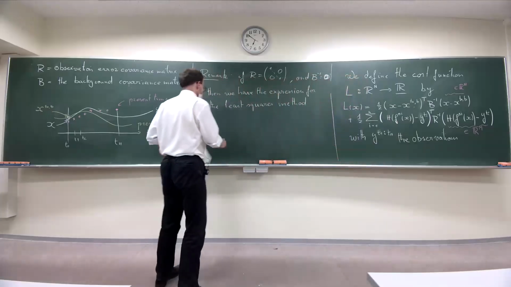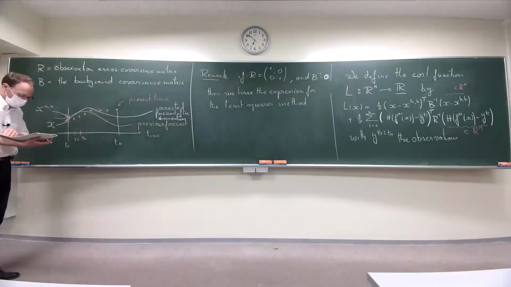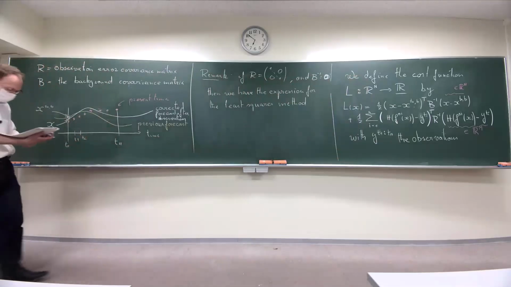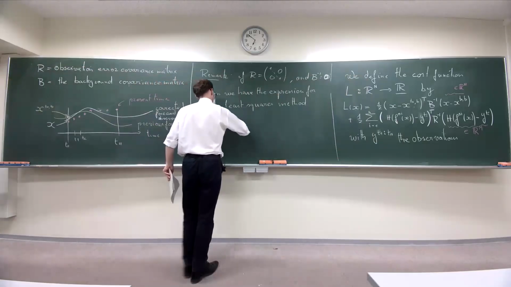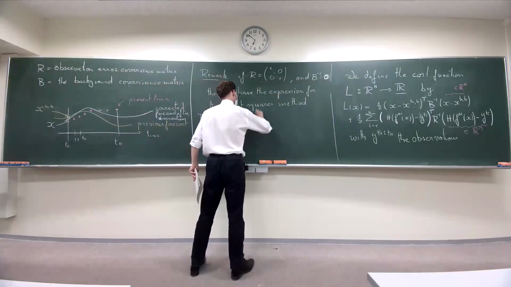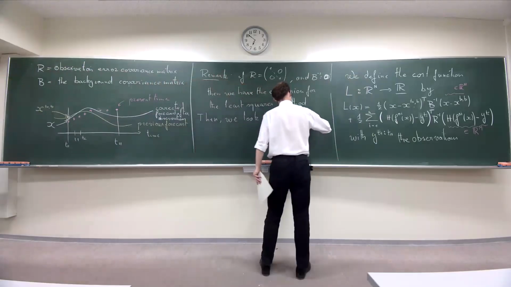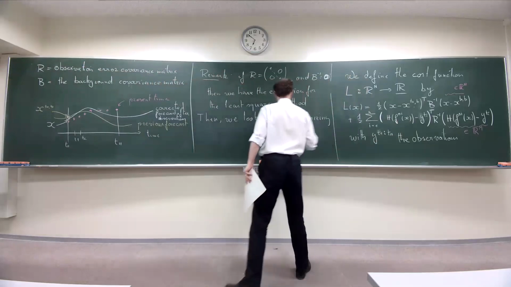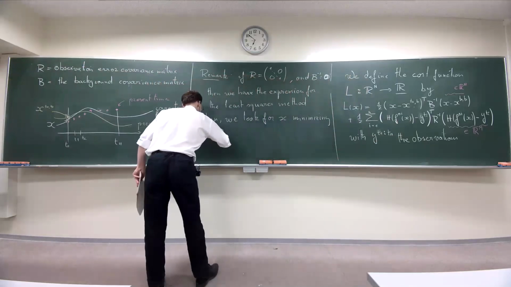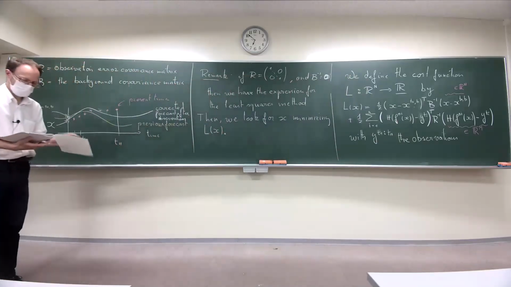Once you have decided who B and R are, we look for X minimizing L of X. There are methods for this.